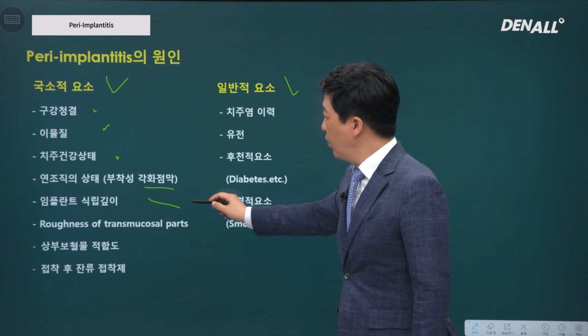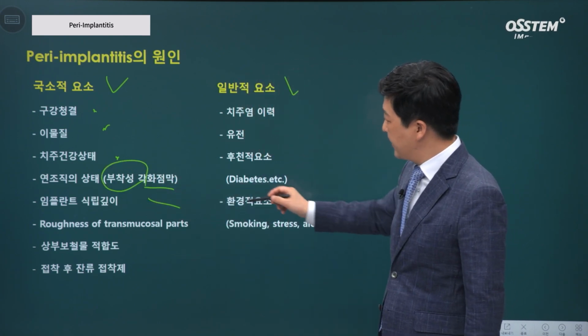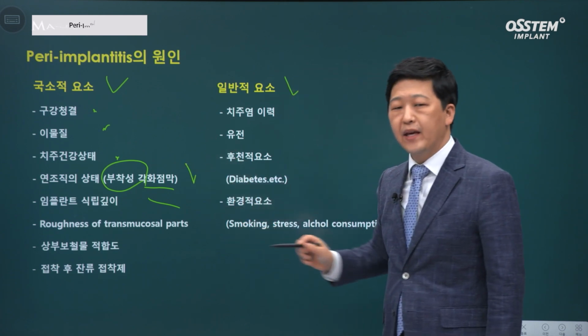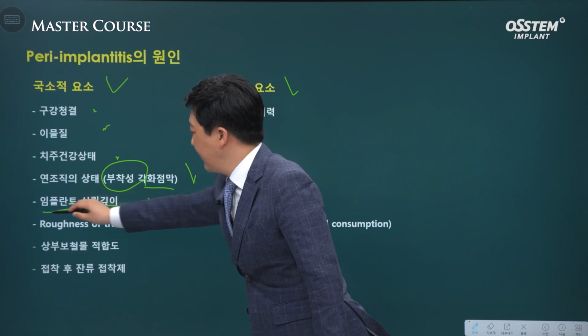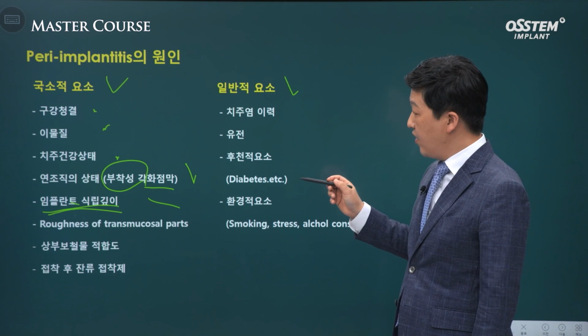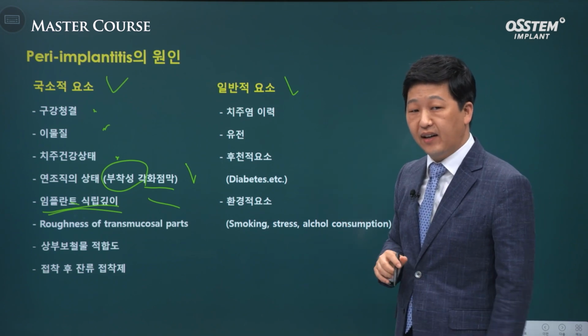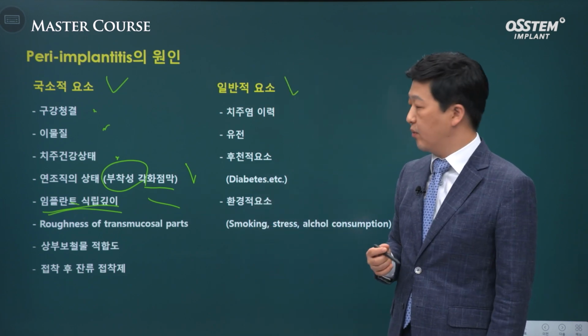There is no keratinized tissue, and it's not attached. These are the most important factors, and implant placement depth that is too shallow can also lead to peri-implantitis. If you place the implant too shallow, this can cause peri-implantitis.